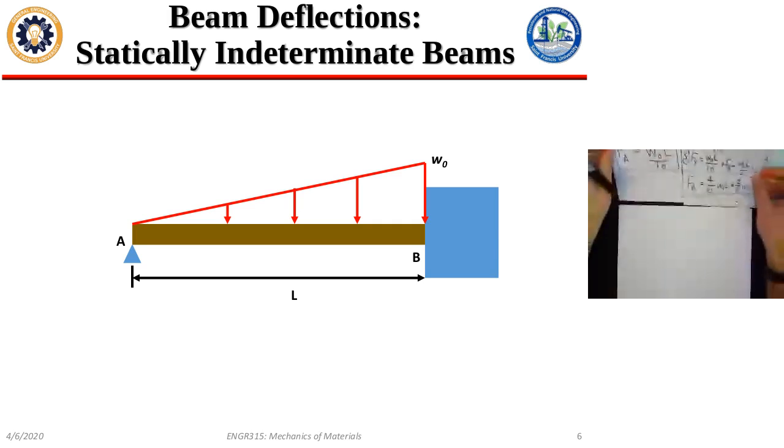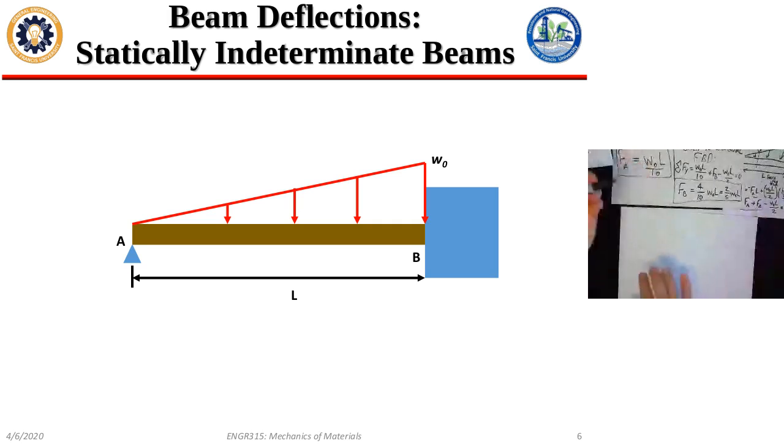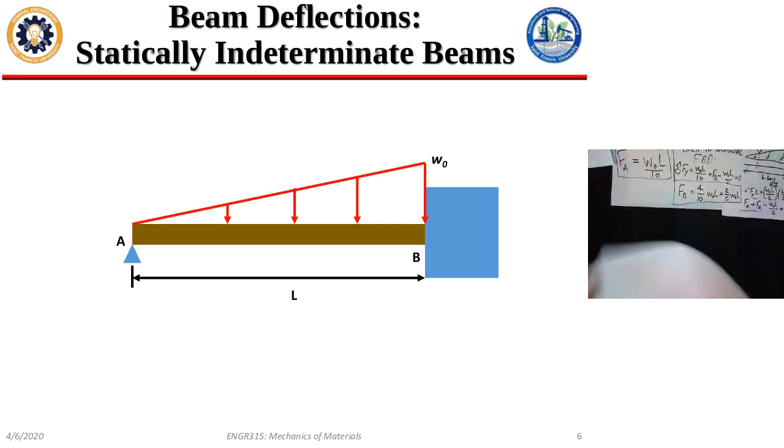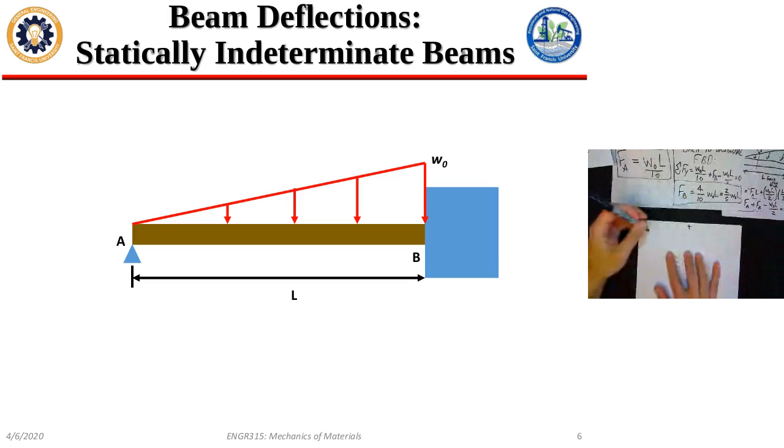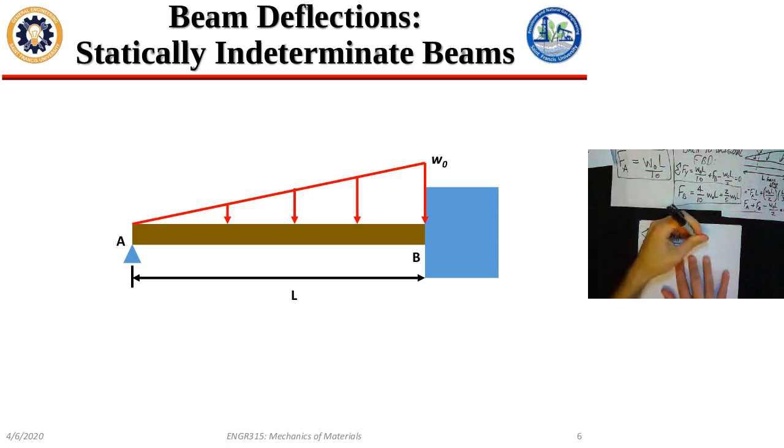And I can take that and also look back to my summation of moments. I have negative FA L, or negative W naught L over 10 times L, plus W naught L squared over 6, plus the reaction moment at the wall.